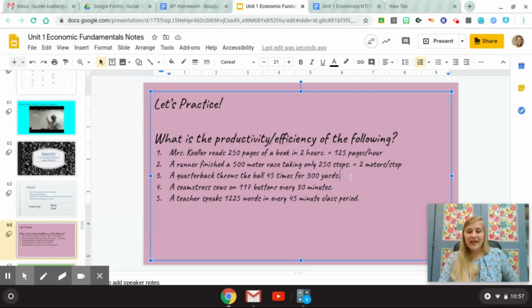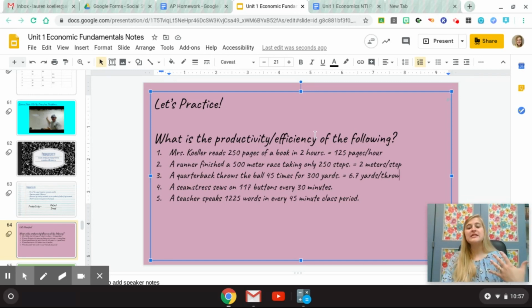So we're looking at this equals 6.7. 6.7 what? He gets 6.7 yards. That's his output per how many times he throws the ball. 6.7 yards per throw was his efficiency. Okay, let's take a look at the next one.